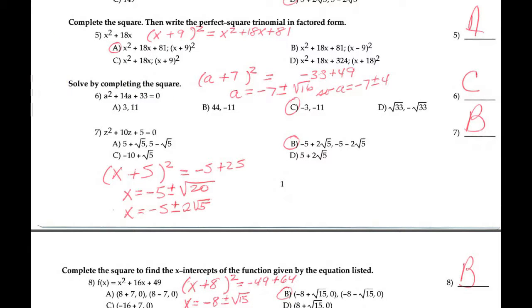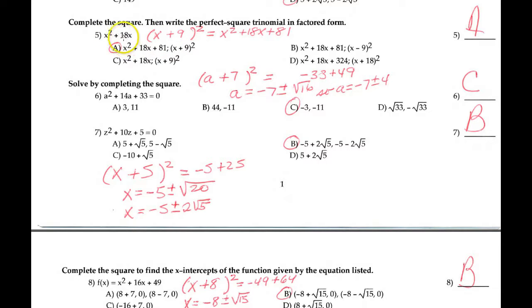Now here for number 5, they're asking us to complete the square. This is part of a trinomial. We want to figure out what do we put in this C term here to make this a perfect square trinomial. Well, we take half of 18, and I told you about the technique of putting a parenthesis. Put the square there.